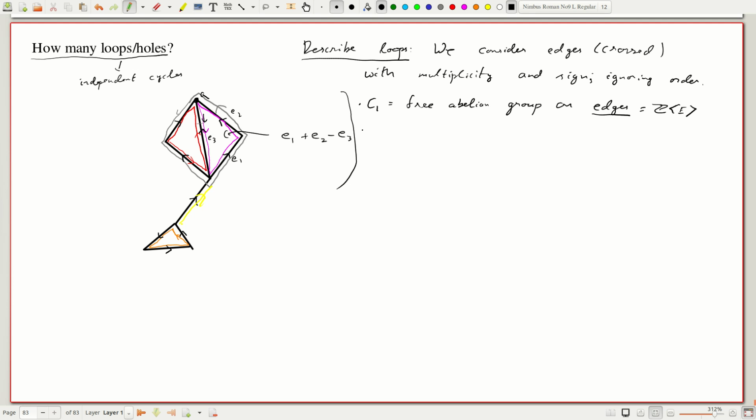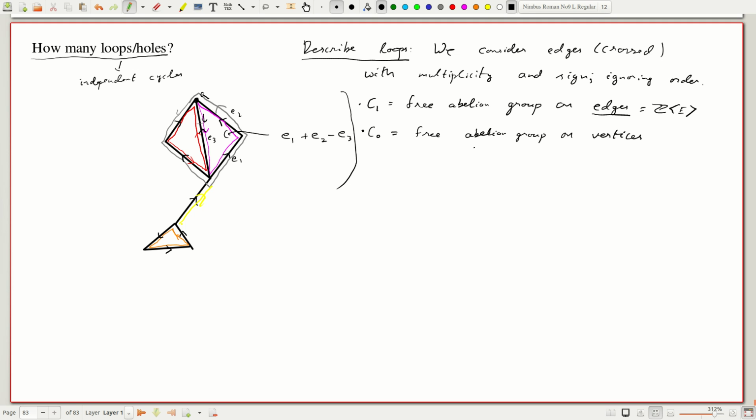To formalize this, we let C0 be the free abelian group on vertices. This means that we are going to be having a negative. So we are counting how many times we cross a vertex, but with sign.